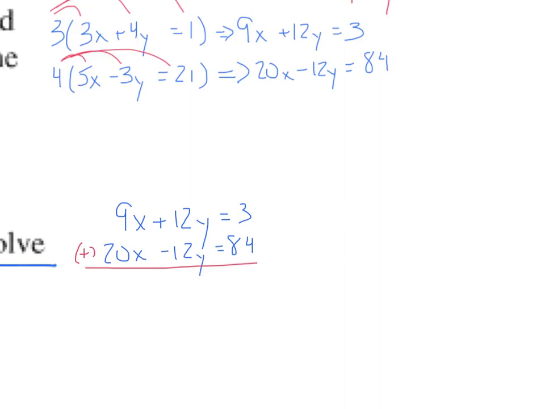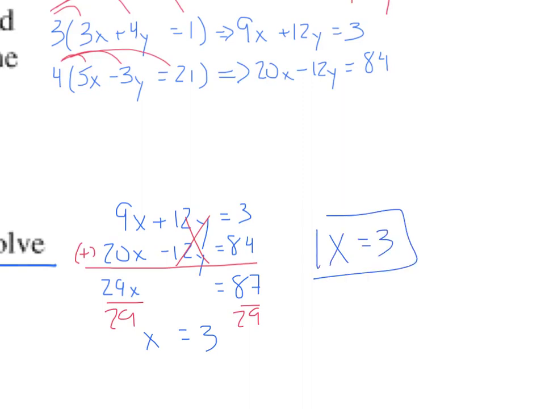So I get 9 plus 20x, which is 29x. The positive 12y and the negative 12y cancel. And then 3 plus 84 gives us 87. Then we divide by 29, and we get x equals 3. So there's our first piece of our solution, x equals 3.